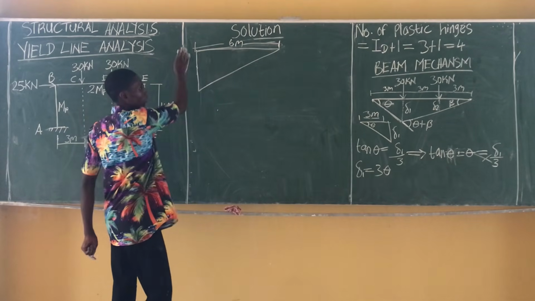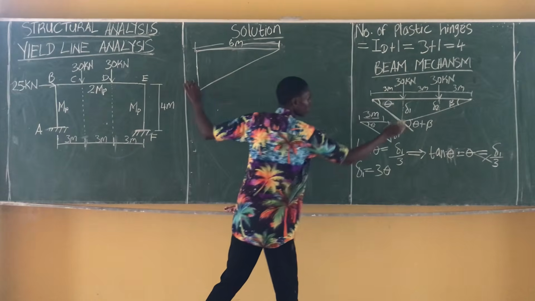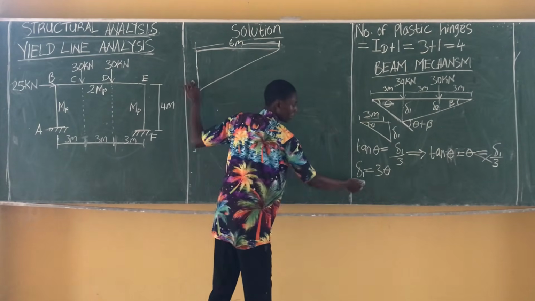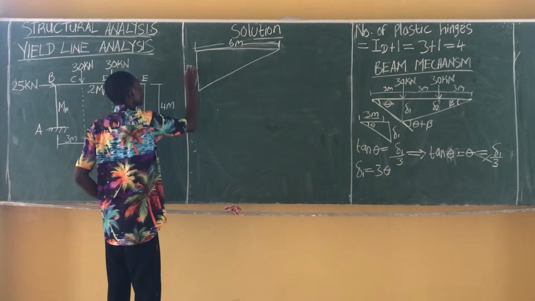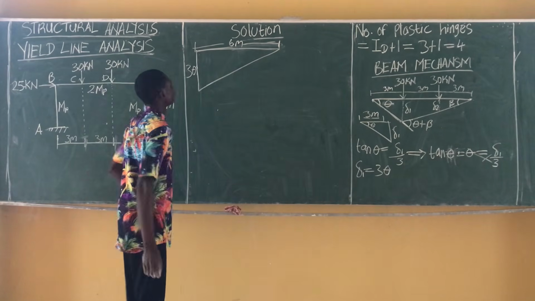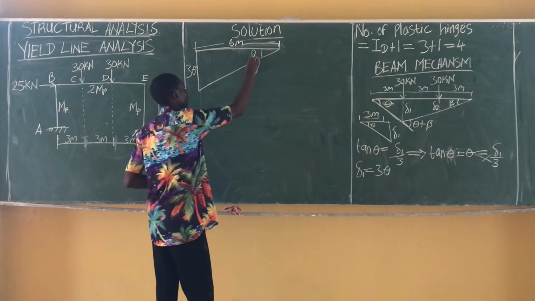We know this point, which is our delta 1, and delta 1 is equal to 3 theta. Hence, this point to this point is 3 theta. We have this angle to be beta.